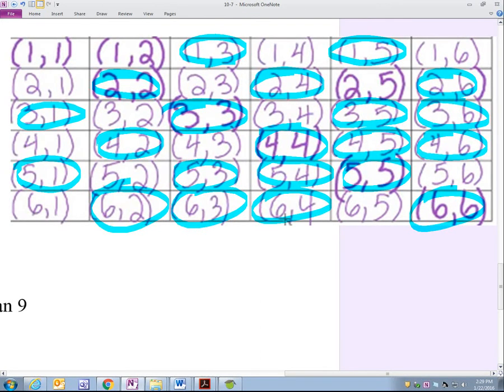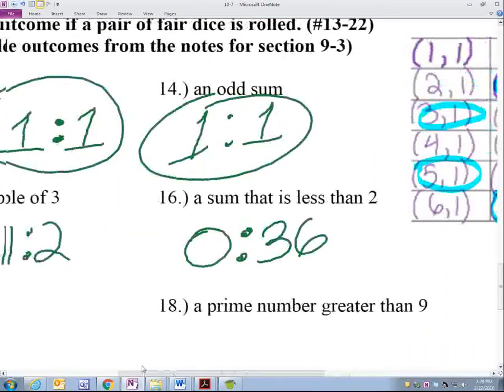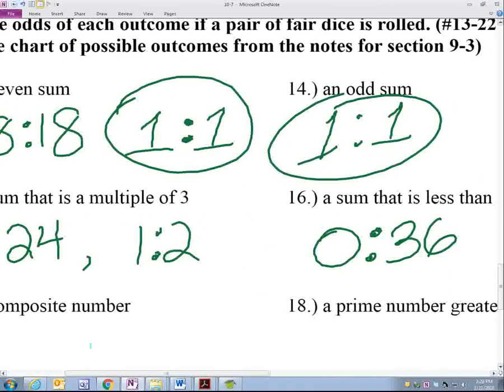And that's it. How many we got? There are 21 that we just circled.